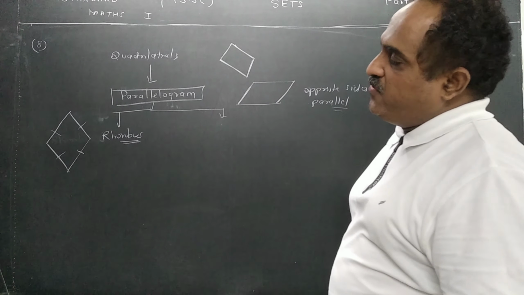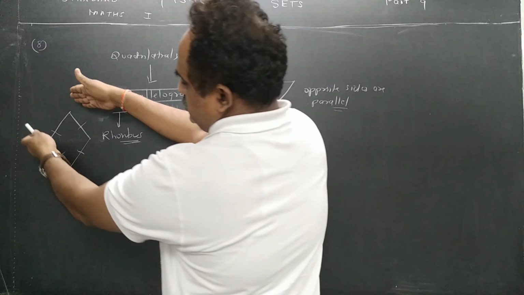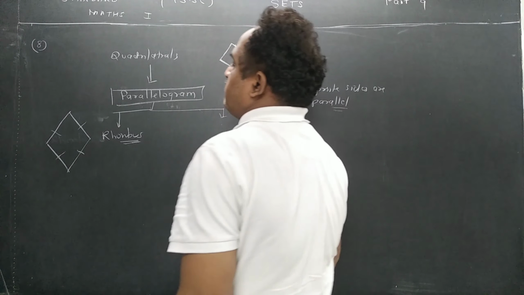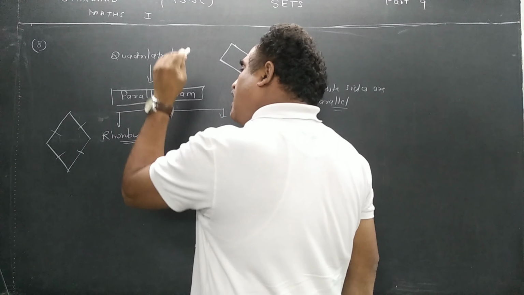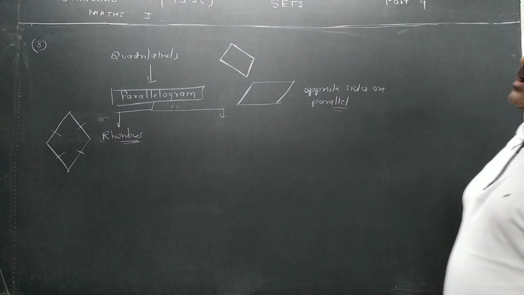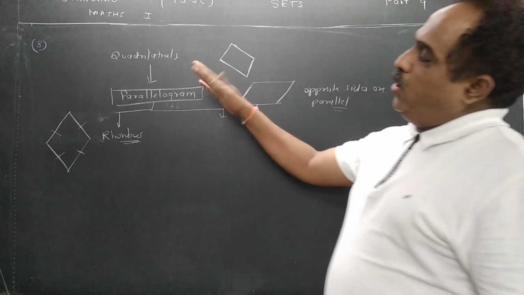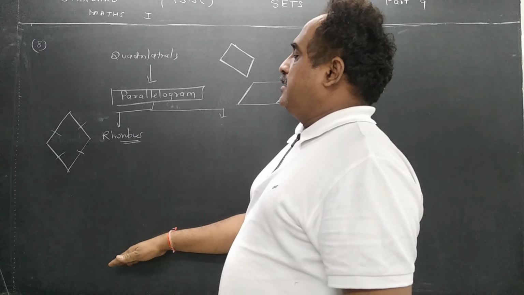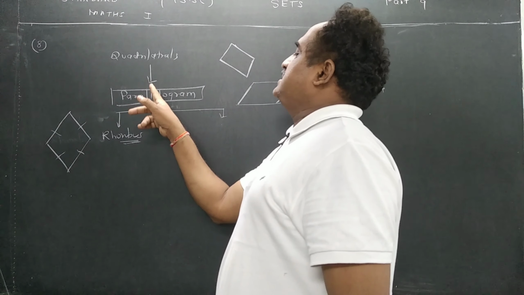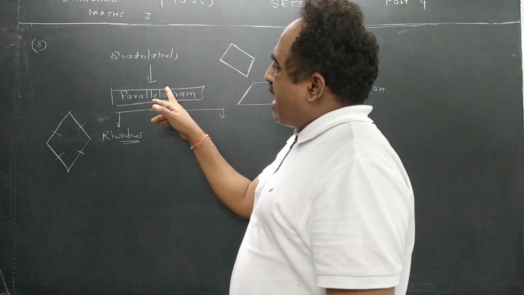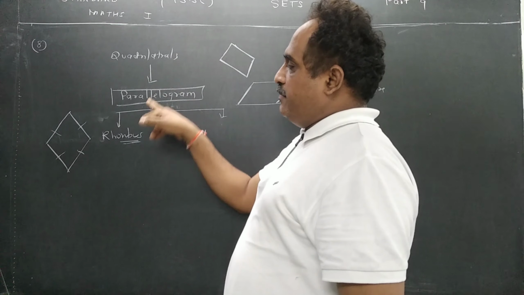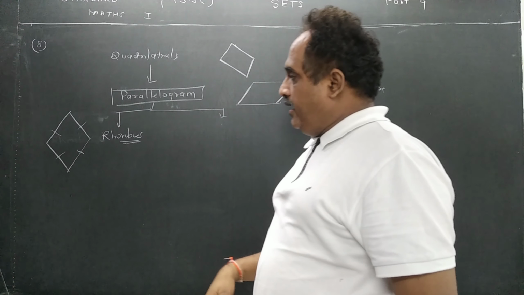Rhombus. And if you study it properly, these two sides and these two sides are parallel. So rhombus is a one type of parallelogram. तो parallelogram का छोटा part is what? Rhombus. The rhombus is a parallelogram and parallelogram is a quadrilateral. Means rhombus is a quadrilateral.